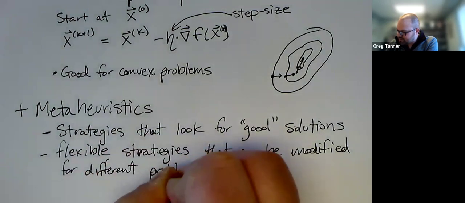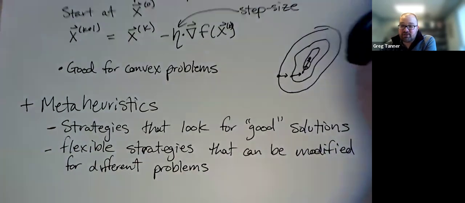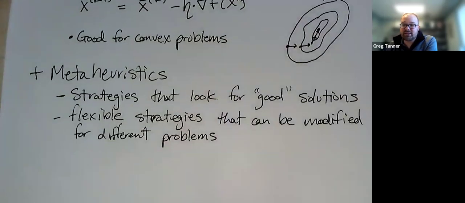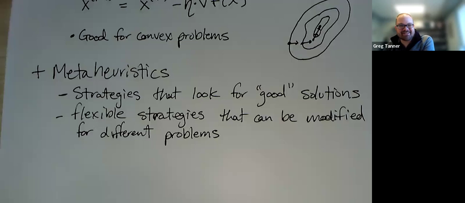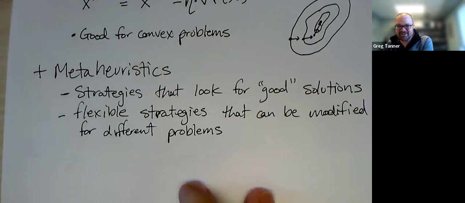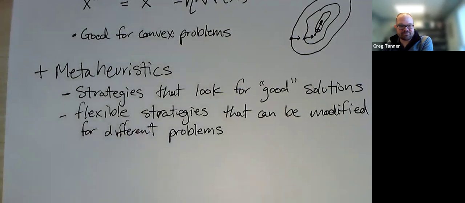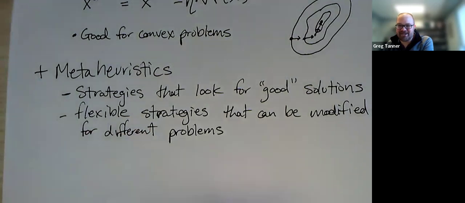Some examples of these meta-heuristics would be things like genetic algorithms, simulated annealing, ant swarm optimization. A lot of these meta-heuristics get their inspiration from biologic processes, and there are some areas of mathematical optimization that really love if they can put a biologic connection on this.